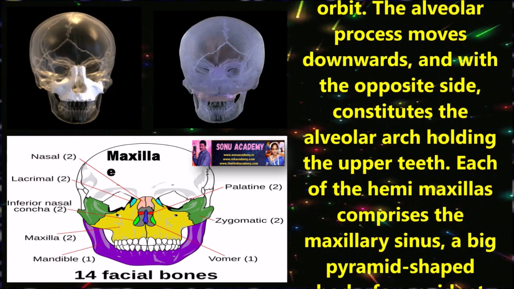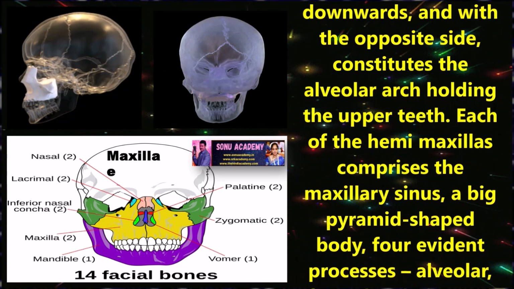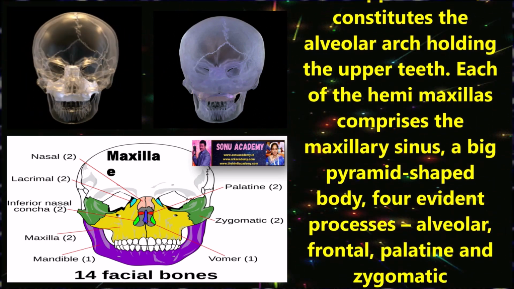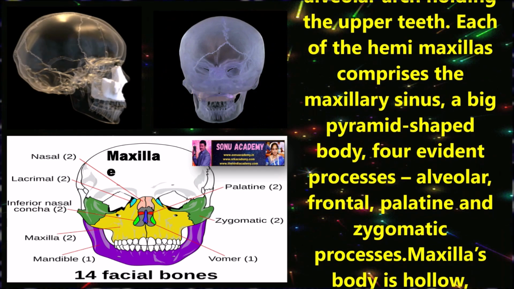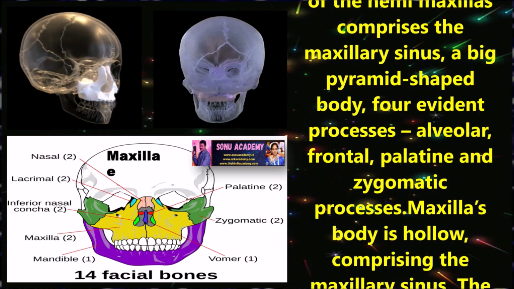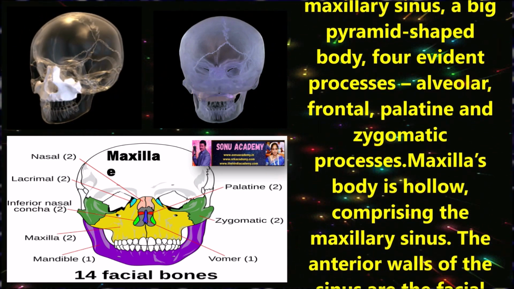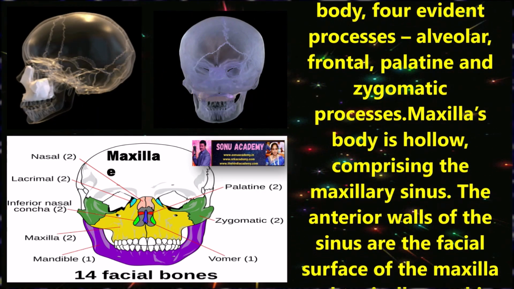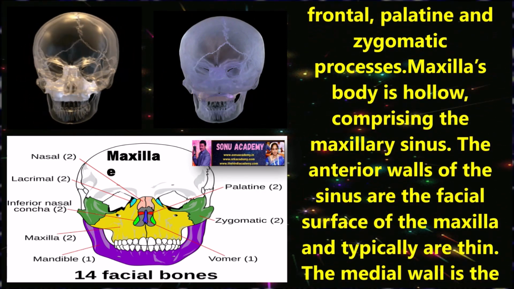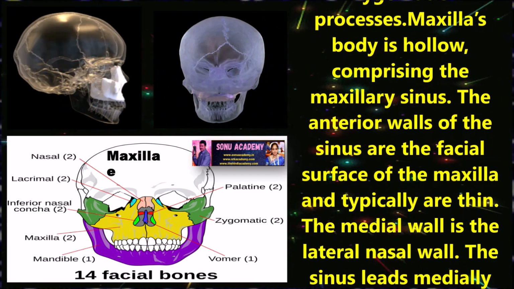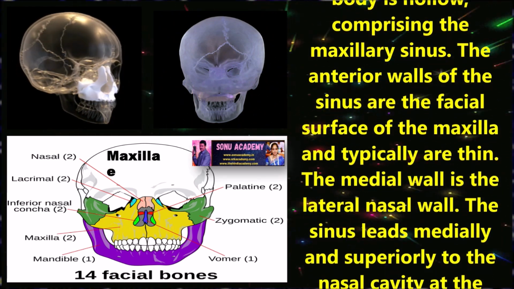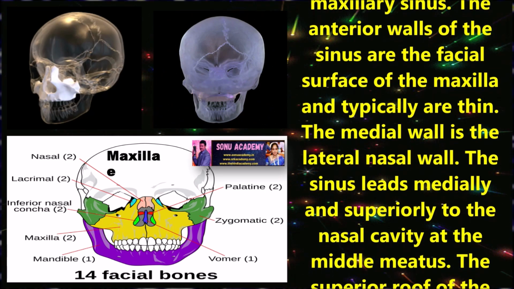Each maxilla comprises the maxillary sinus, a big pyramid-shaped body, and four evident processes: alveolar, frontal, palatine, and zygomatic processes. The maxillary body is hollow, comprising the maxillary sinus. The anterior wall of the sinus is the facial surface of the maxilla and typically is thin.